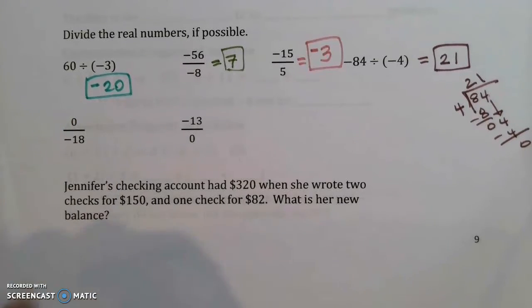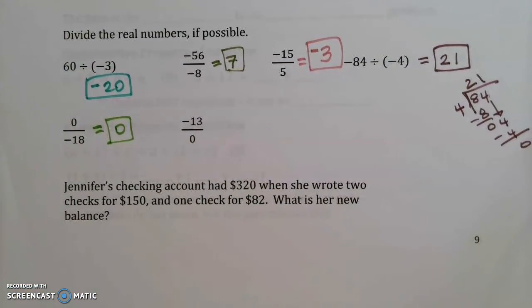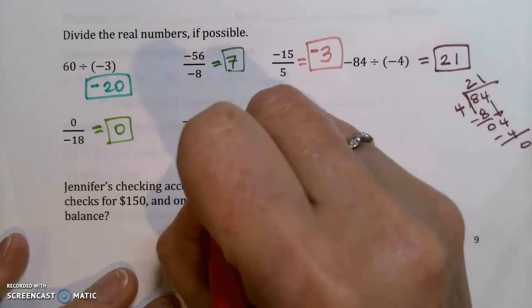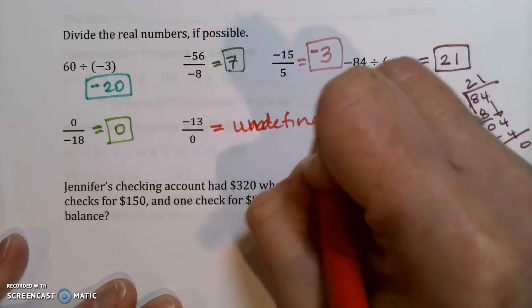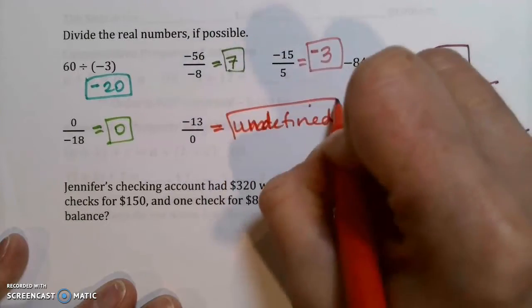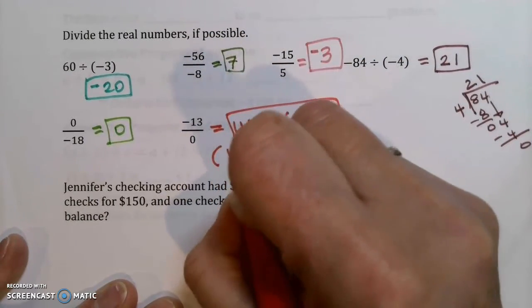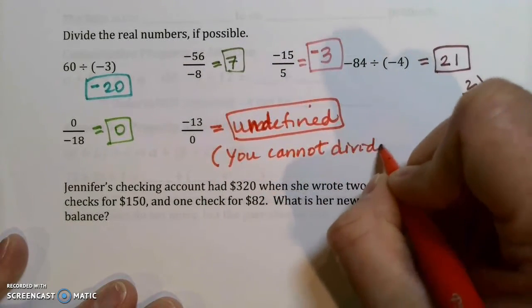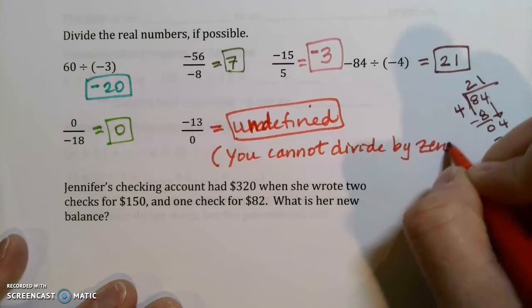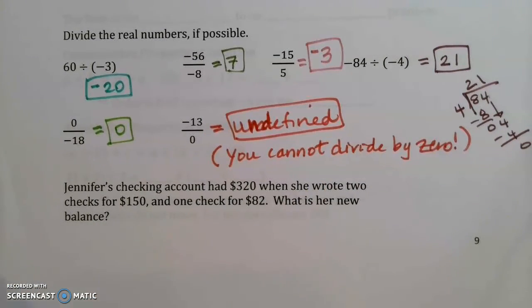These last two, you do want to be very careful with. So 0 in the numerator is fine. This is just going to be equal to 0. Numerator is fine. The denominator is bad. Okay, so this is the one that is going to be undefined. That is the word you're going to use to represent that answer. It's because you cannot divide by 0. And this is the big math no-no.